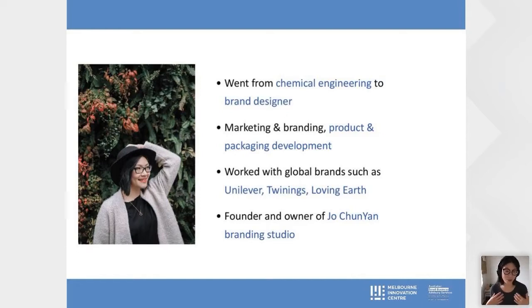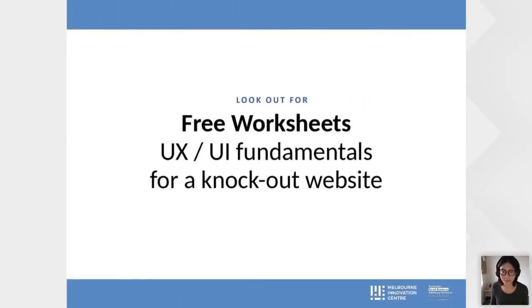I worked with global companies and brands such as Unilever, Twinings, and Loving Earth. Over the years, I've discovered that I really love working with small businesses versus big global brands. So I decided to go out on my own after spending some time in Japan, and I founded my own business. I run a branding design studio. It's just me at the moment, but hopefully I'll expand in future. I work with lots of clients in Australia and overseas as well.